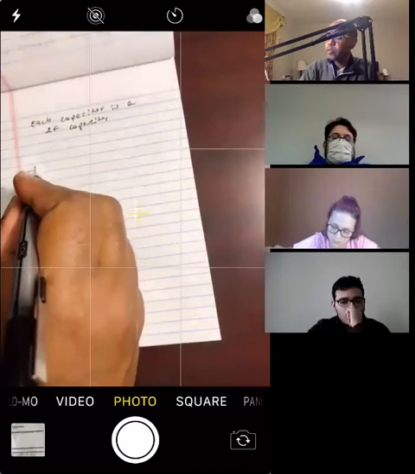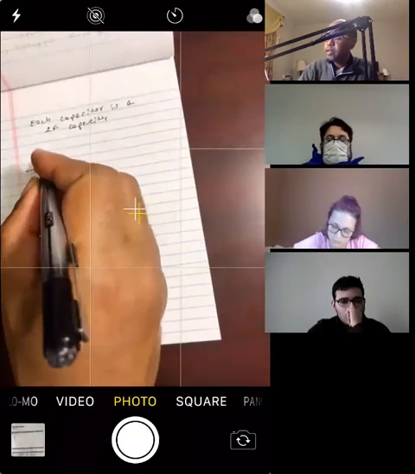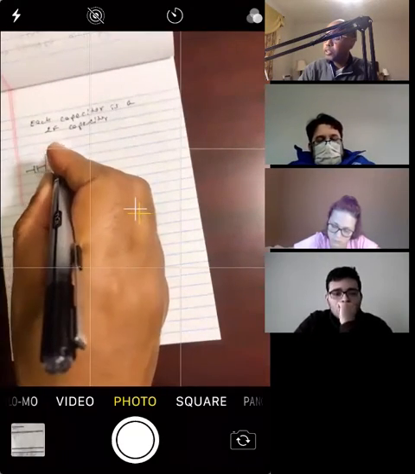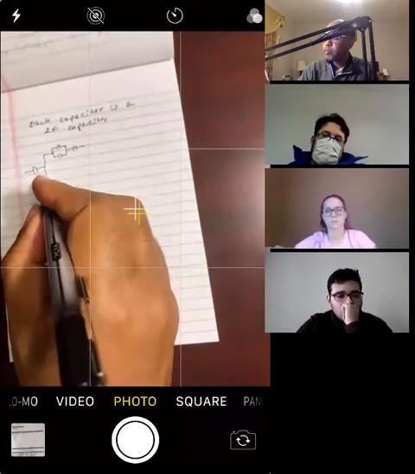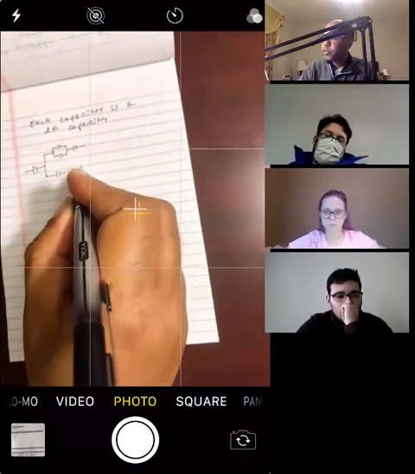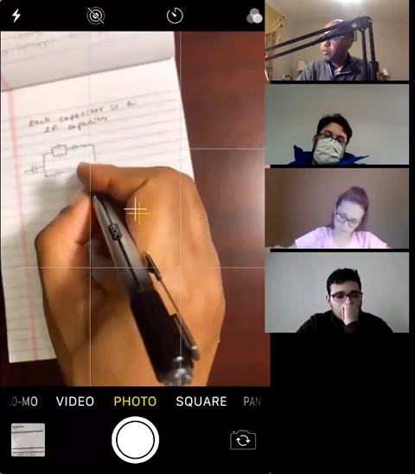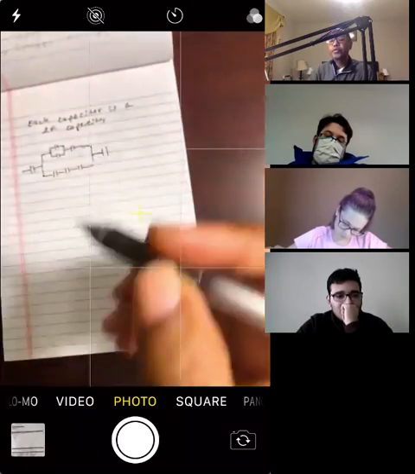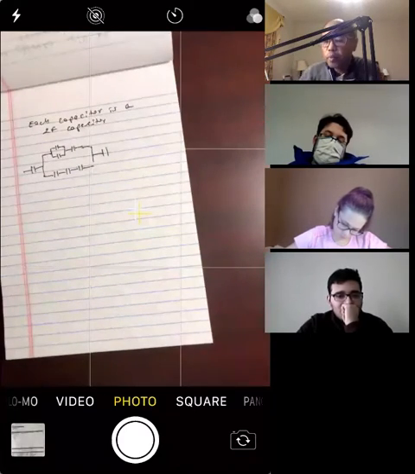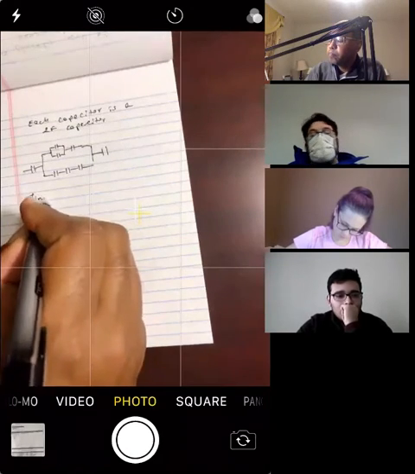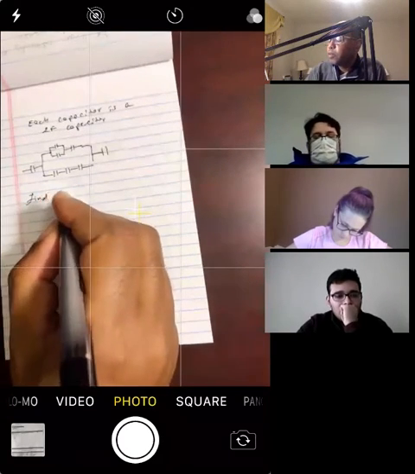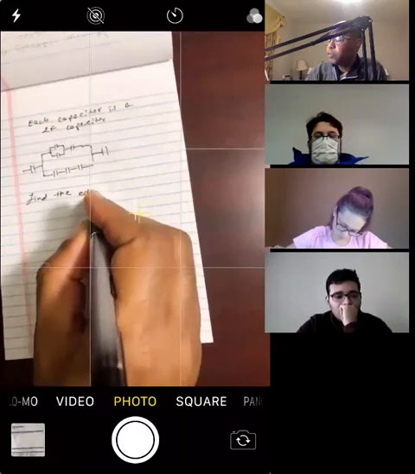Let's say we have this capacitor over here, and then you have a parallel combination over here like this, and then you've got another series combination over here. Maybe you have 3 capacitors over here like this, and maybe you have another capacitor over here. The question is, find the equivalent capacitance of the combination.